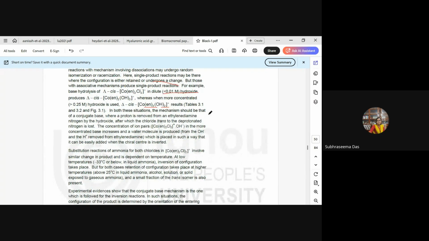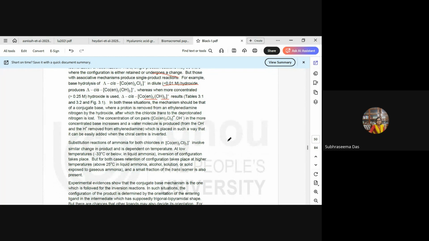So in both these situations, the mechanism should be of a conjugate base, that is, the proton is first removed from the en ligand, the ethylenediamine nitrogen. We have the ethylenediamine ligand where there are two nitrogen atoms, and from one of the nitrogens a proton is removed during the hydrolysis, after which the chloride that is trans in position to the deprotonated nitrogen then goes away.